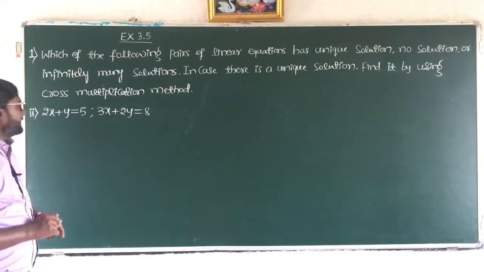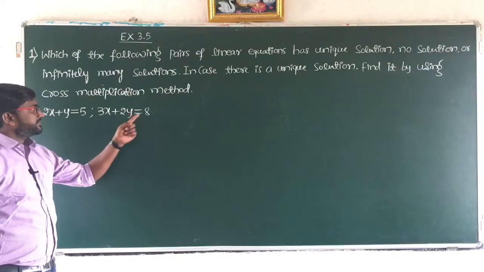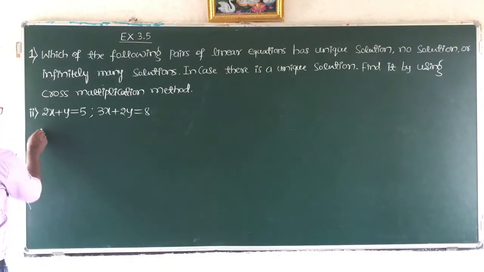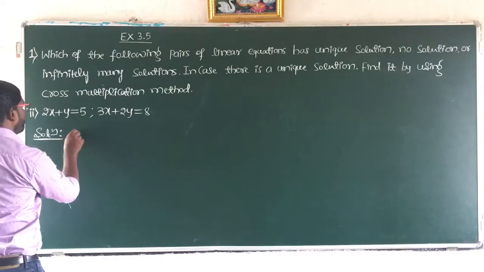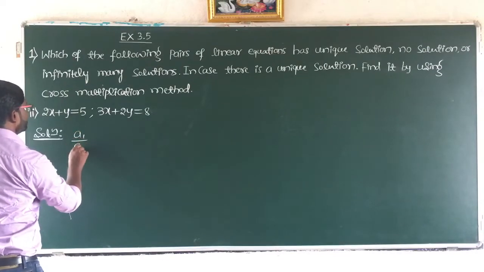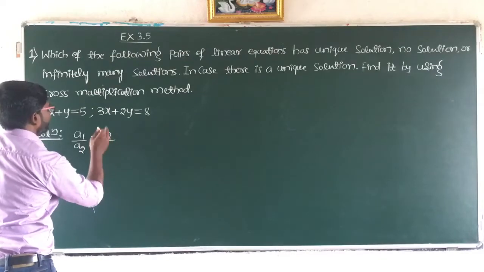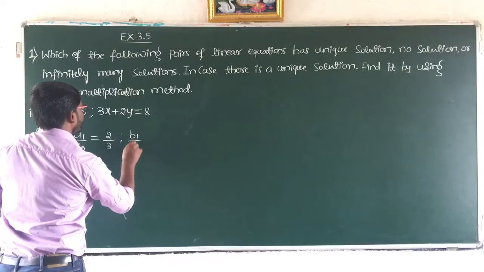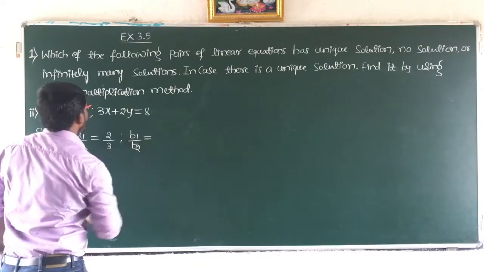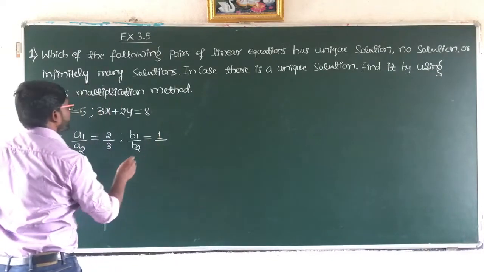The second sub question is 2x plus y equals 5, and 3x plus 2y equals 8. So we will go for the ratios now. A1 by A2: A1 is 2 divided by A2 which is 3. Then B1 by B2: B1 is 1 and B2 is 2.